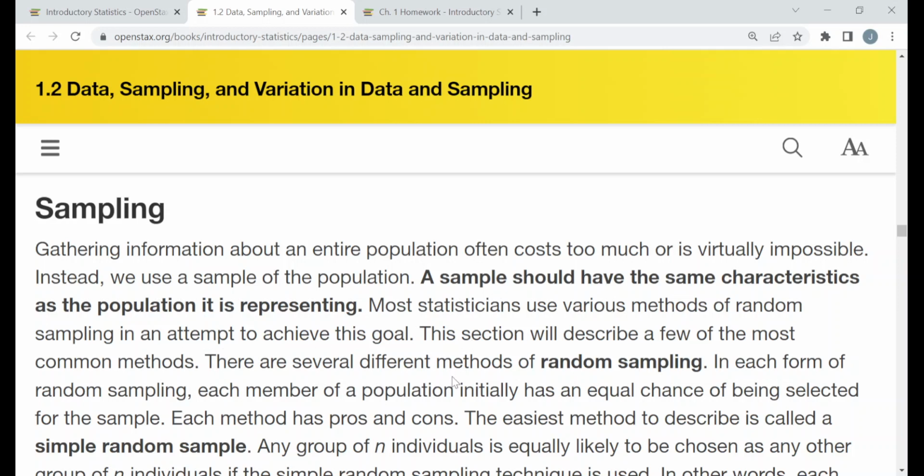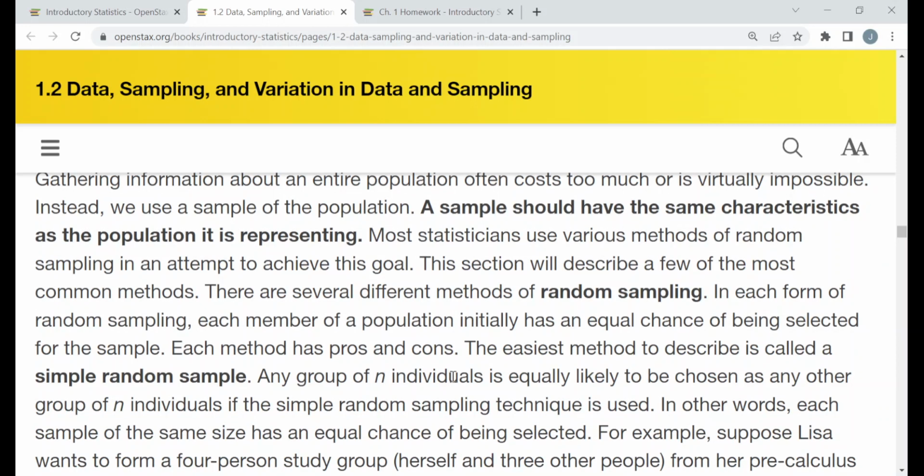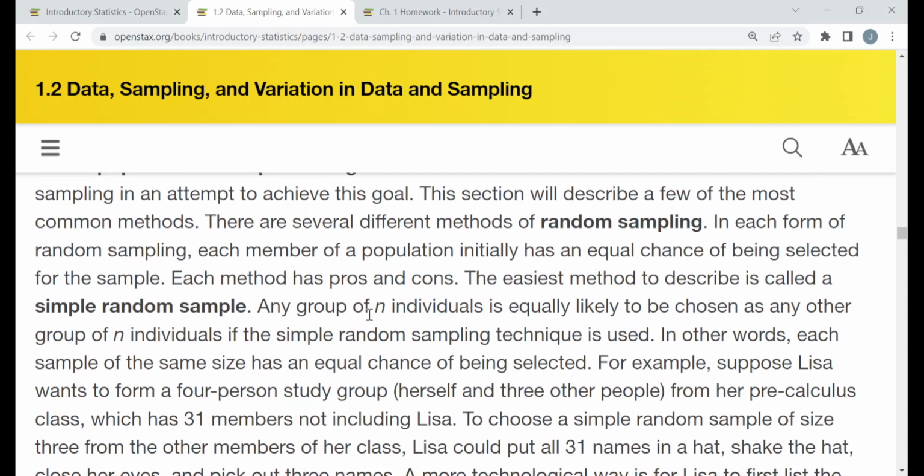So this section describes some common methods of random sampling. And of course, each method has pros and cons, as they state. The easiest method to describe is called a simple random sample.